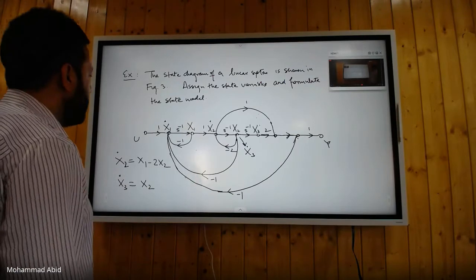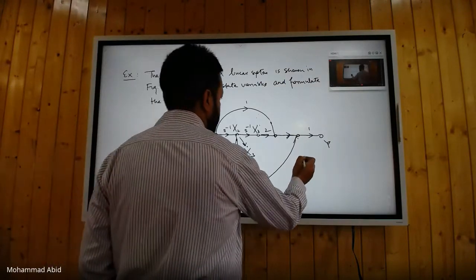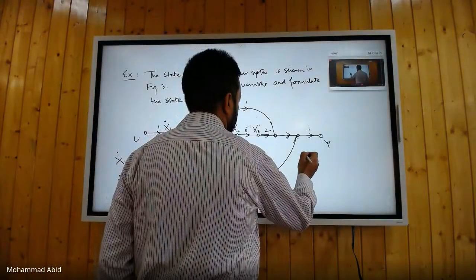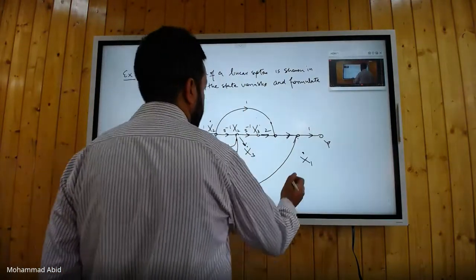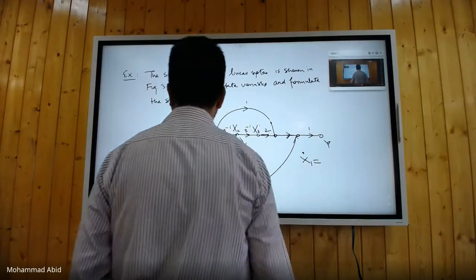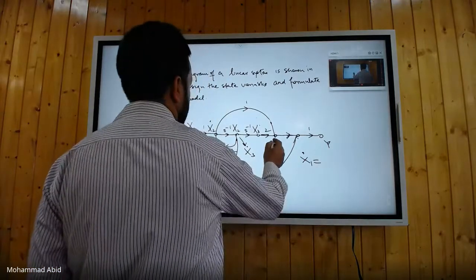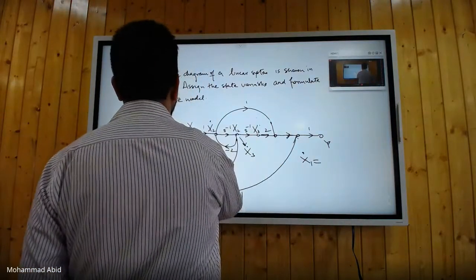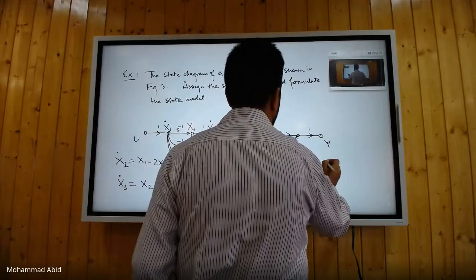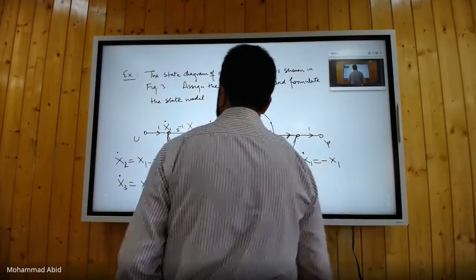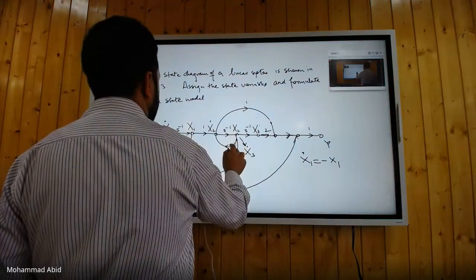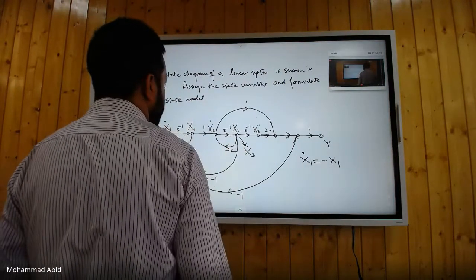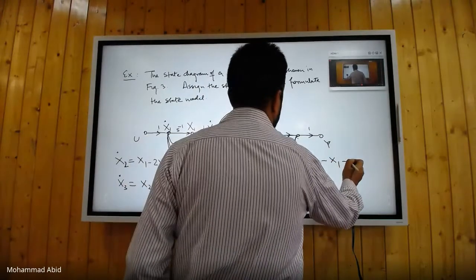Now let me write down the equation for x1 dot. So x1 dot is equal to what? X1 dot is equal to minus x1. Let us see which signals are coming here. Minus x1, then minus x2.